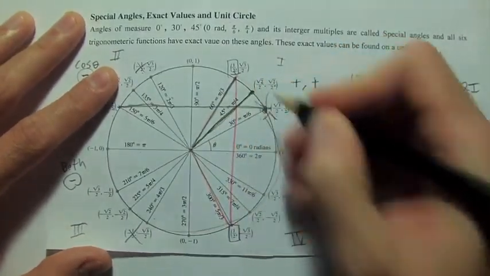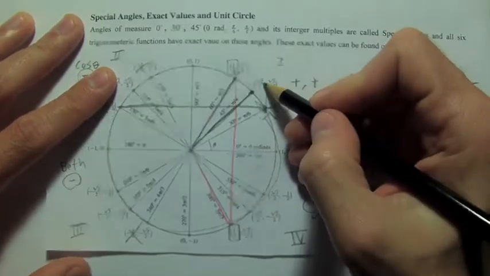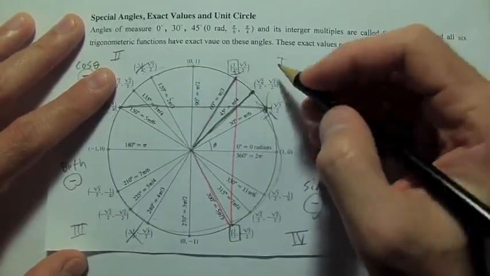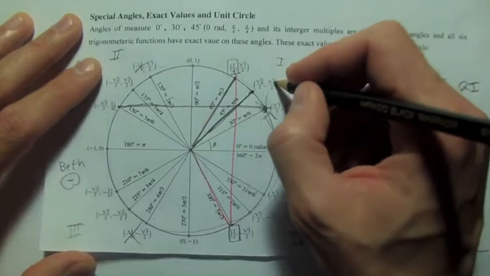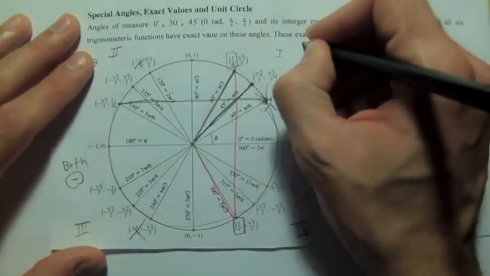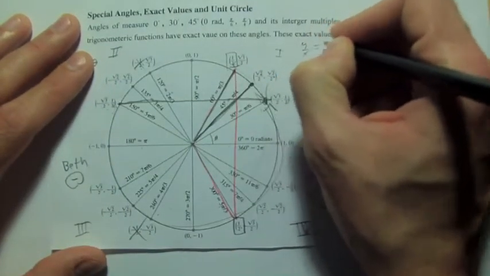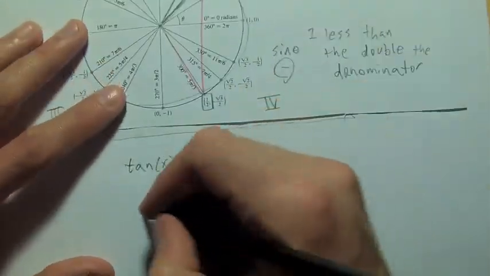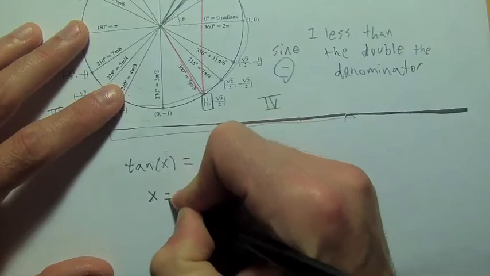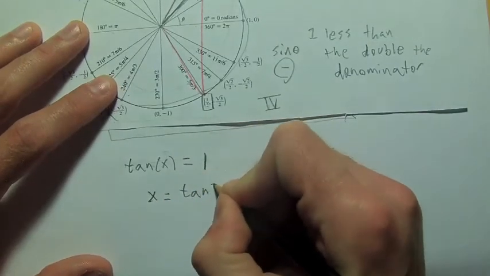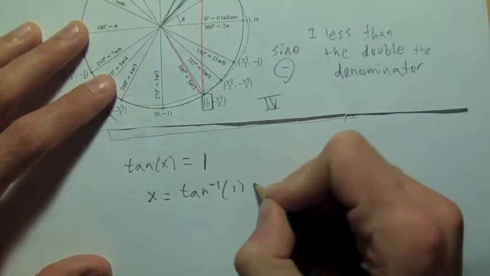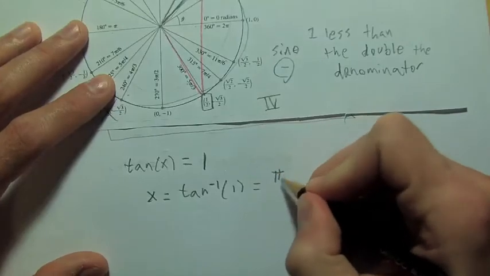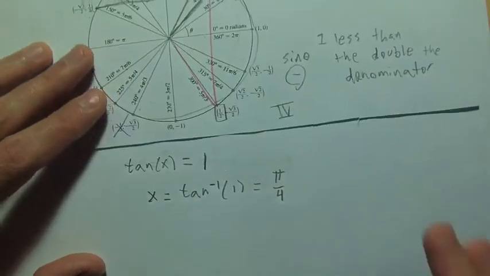Why? Because these two coordinates are equal. Square root of 2 over 2 all over square root of 2 over 2 is equal to 1, or you can think the y over x will be equal to 1 in this case. Okay, and so I can write it like this, x equals tan inverse of 1, which is going to be pi over 4.